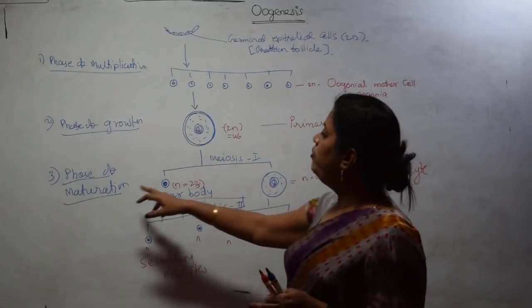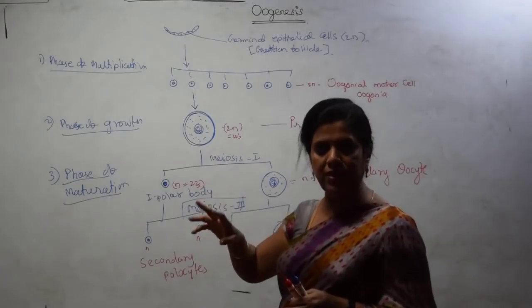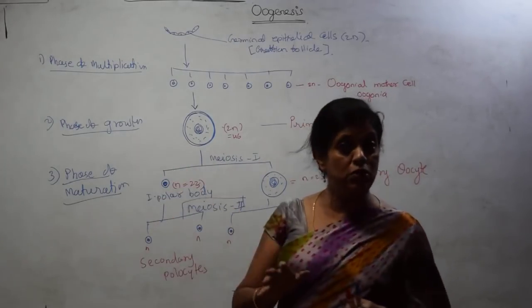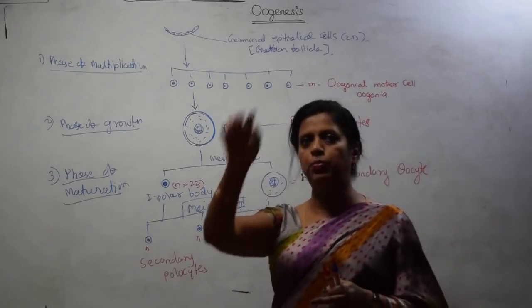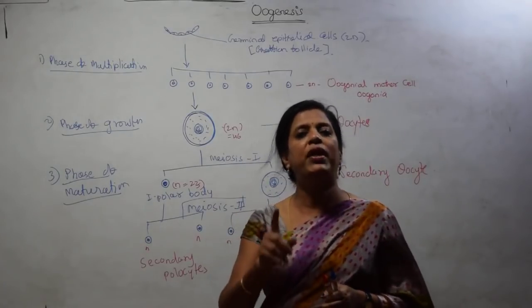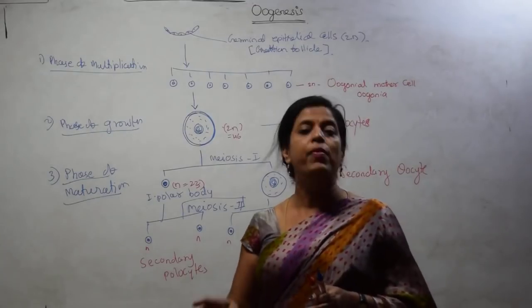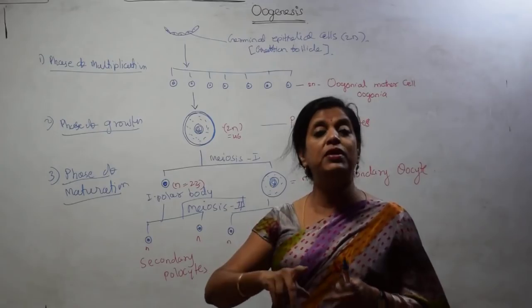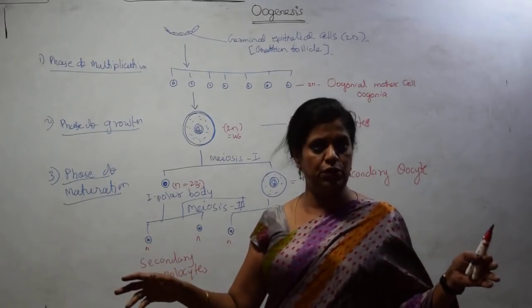Fine. Now the phase of maturation is the third phase, in which the primary oocyte undergoes meiosis 1 and meiosis 2. Now this is the point to remember. Meiosis 1 is a reductional division. You all know that. In meiosis 1, the division of the nucleus is the reductional type.